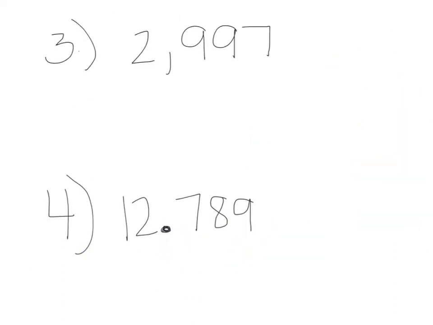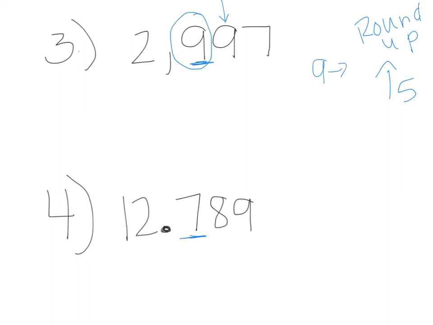All right, let's do two more together. All right, in the number 2,997, you can see that the first 9 is underlined. Okay, that 9 is in my 100 spot, so I need to look at the 9 right behind it. Okay, and 9 is 5 or bigger, so I'm going to round up. Now, the tricky part about this is that my first digit here is a 9. Okay, what's bigger than a 9 is 10.